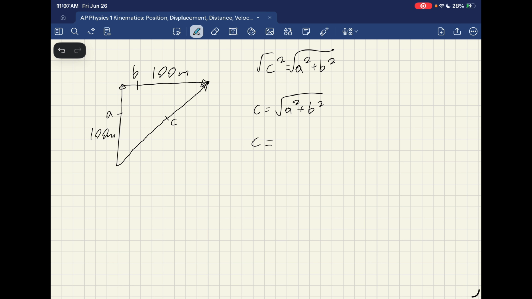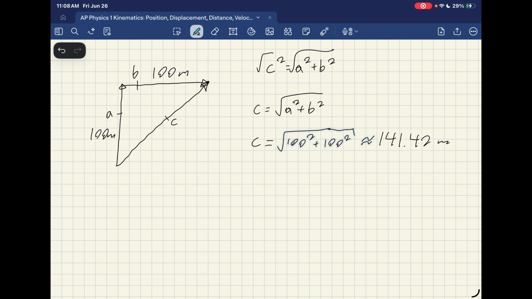So in our case here, c equals the square root of 100 squared plus 100 squared. You can plug this into the calculator, 100 times 100 plus 100 times 100, and then if you take the square root of that, it is roughly 141.42 meters.